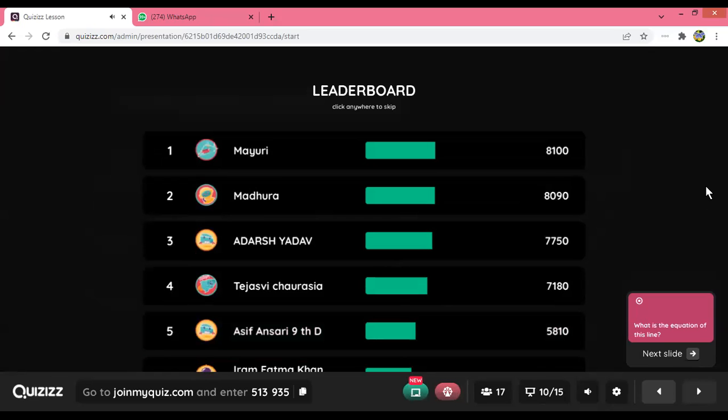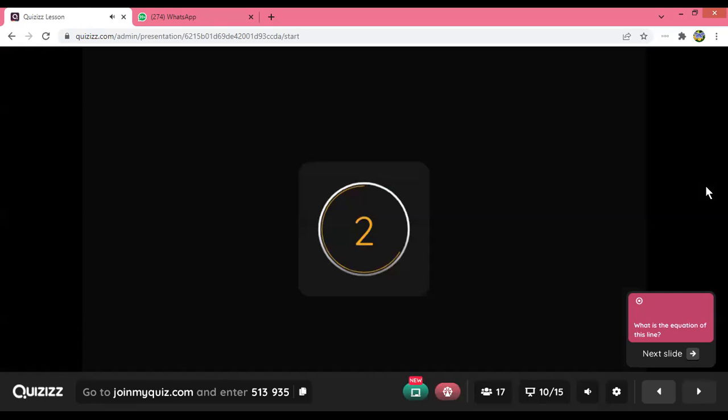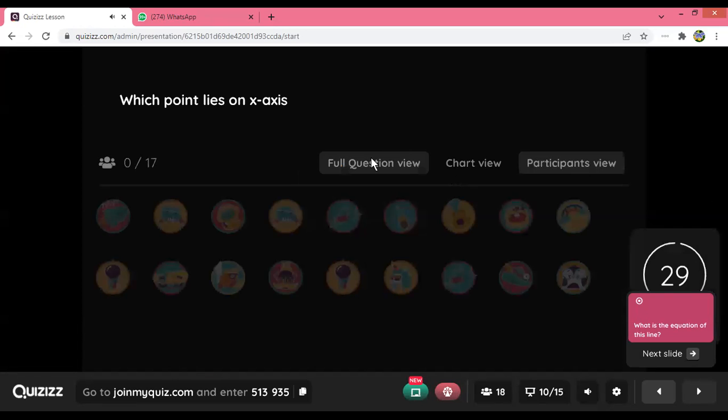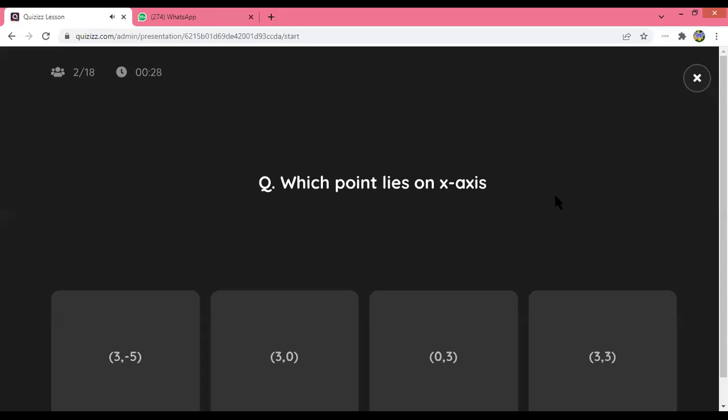Okay, let's look at the next question. Which point lies on the x-axis? Among the given choices, which point lies on the x-axis? Remember, whenever the point is lying on the x-axis, the y has to be 0.